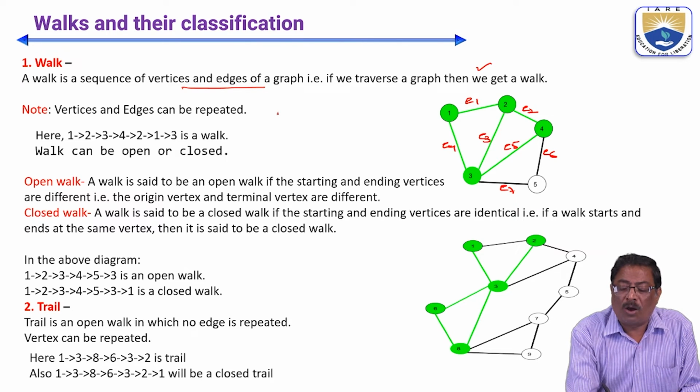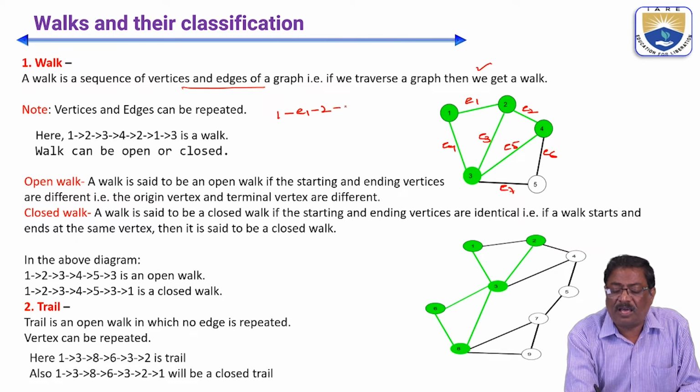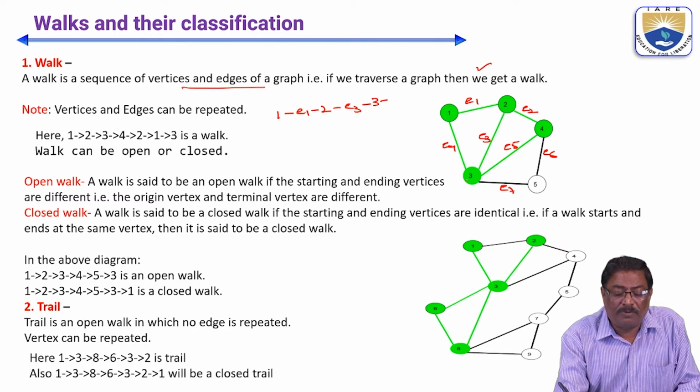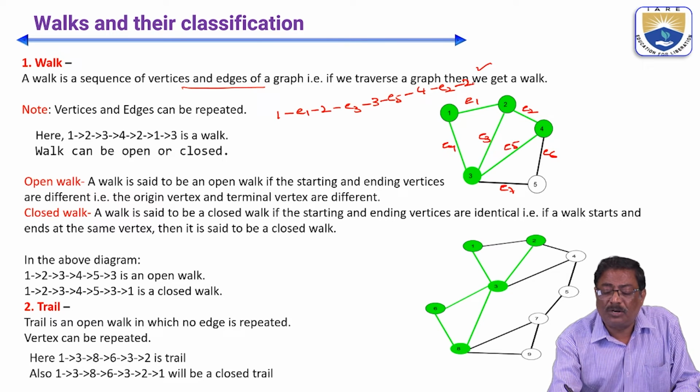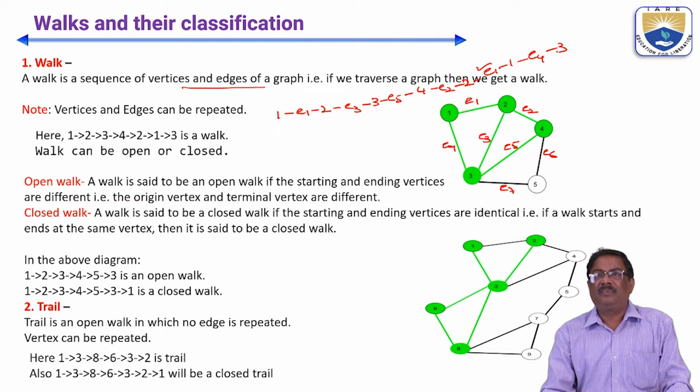I consider vertex 1, along E1 to vertex 2, then along E3 to vertex 3, then E4, E3, then 3, then E5 to vertex 4, then E2 to vertex 2, then E1 to vertex 1, then E4 to vertex 3. You observe this.